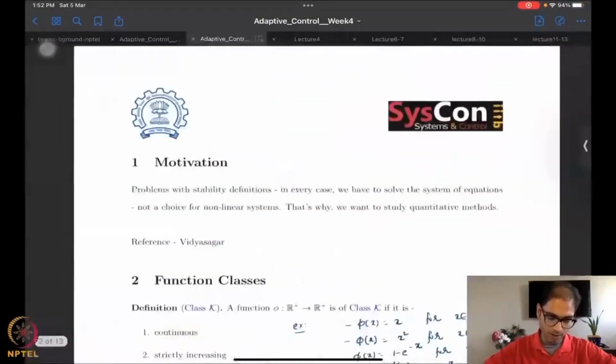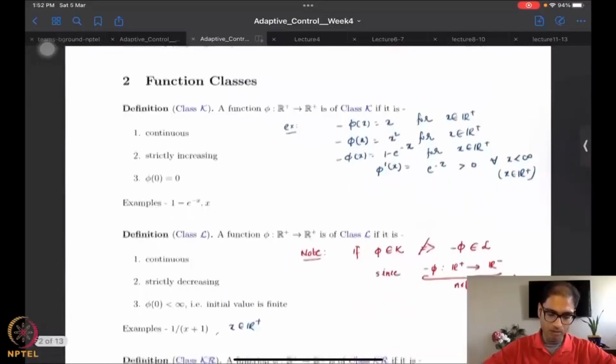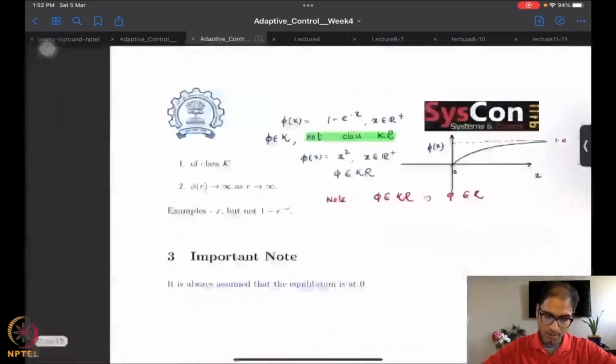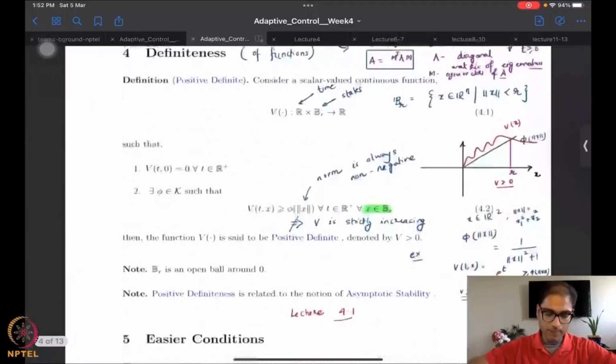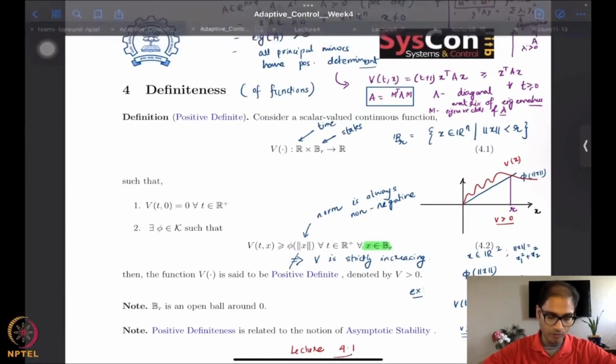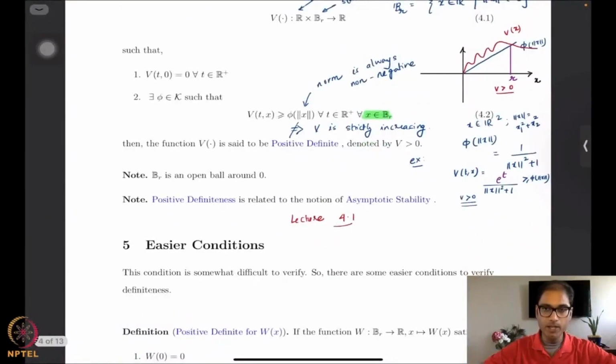Right? We started with first looking at a few function classes at the end of last week. And then based on these function classes, we defined a few different notions. The first was the notion of definiteness, right? Which is important for talking about asymptotic stability.